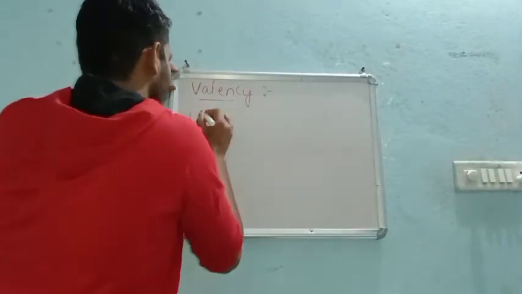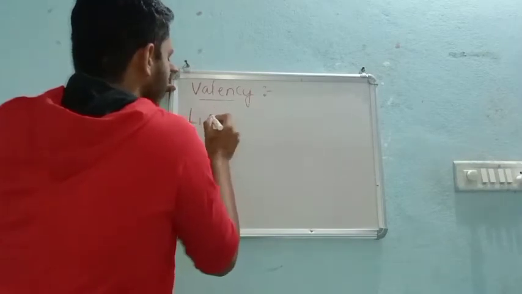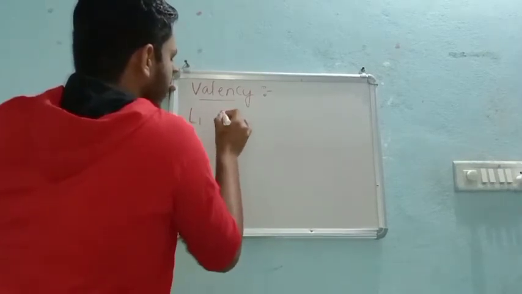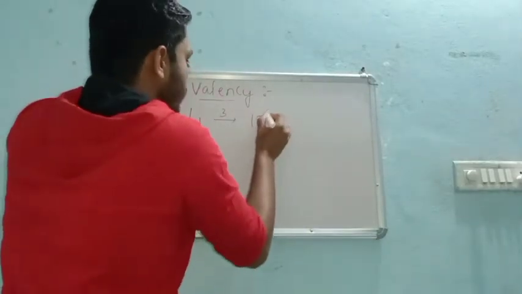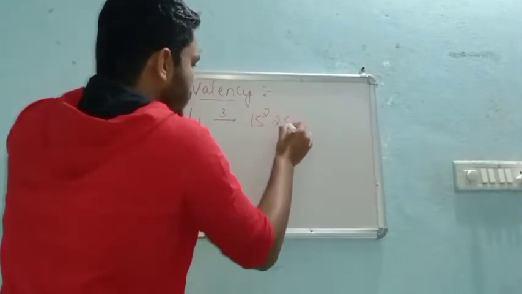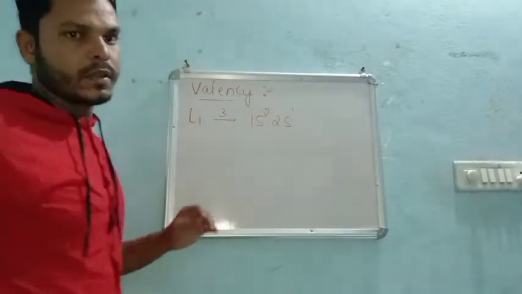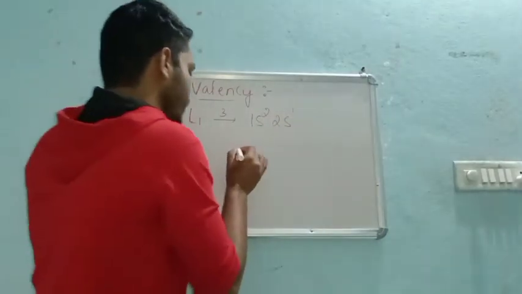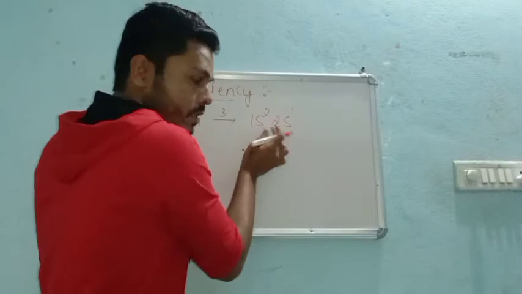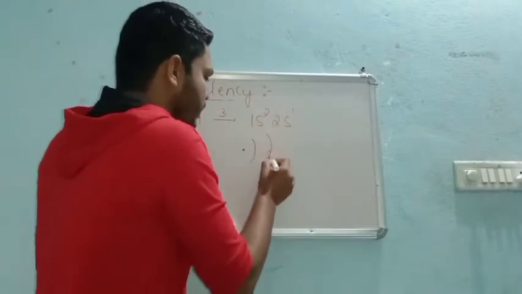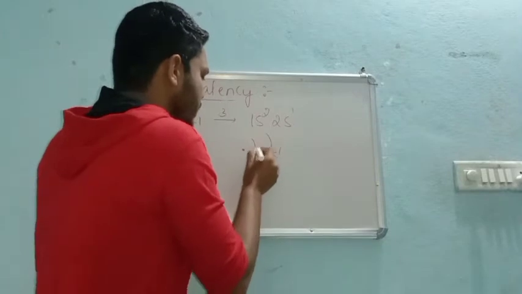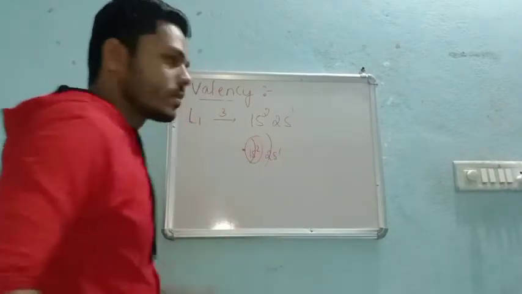We will take one more example, lithium. Here the atomic number of lithium is 3, and now what I can write is the electronic configuration 1s2 2s1. See here, there are two principal cells, 1 and 2. Now this cell's electrons are not important for us.